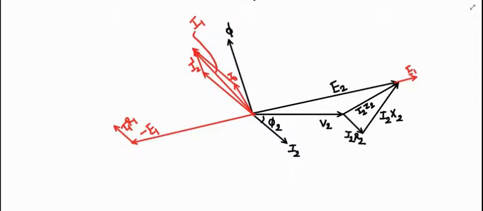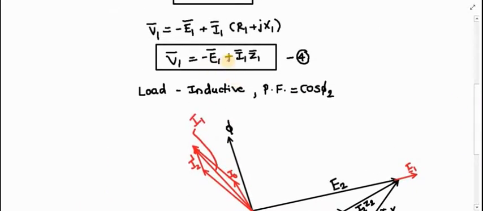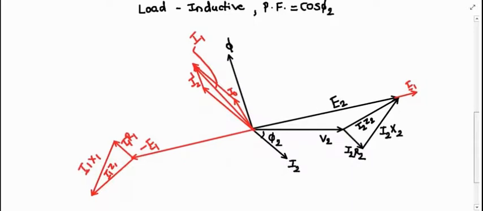Then perpendicular to this I1 and leading I1 by 90 degrees, I will draw I1 X1 drop, and the vector sum of both is nothing but your I1 Z1, right? And come to this equation again, minus E1 plus I1 Z1, you will get the V1.